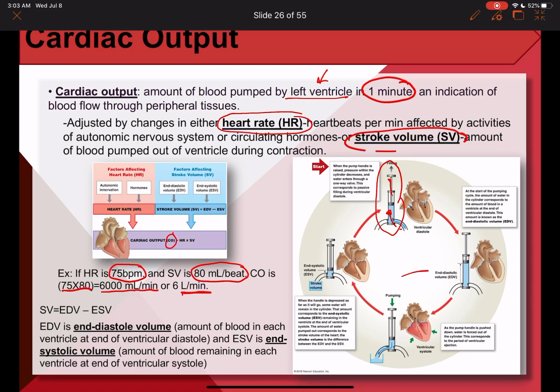So you pull up on the water gun as much as you can and suck in as much of that fluid as you can, until you reach that maximum point where you can't pull that plunger any longer. Then this maximum volume of water that you just sucked into your water gun is the same as what we call EDV, end diastolic volume. It is the end of your relaxation phase, which is the maximum amount of fluid that you can contain within that area, which in the heart's case is the ventricles.